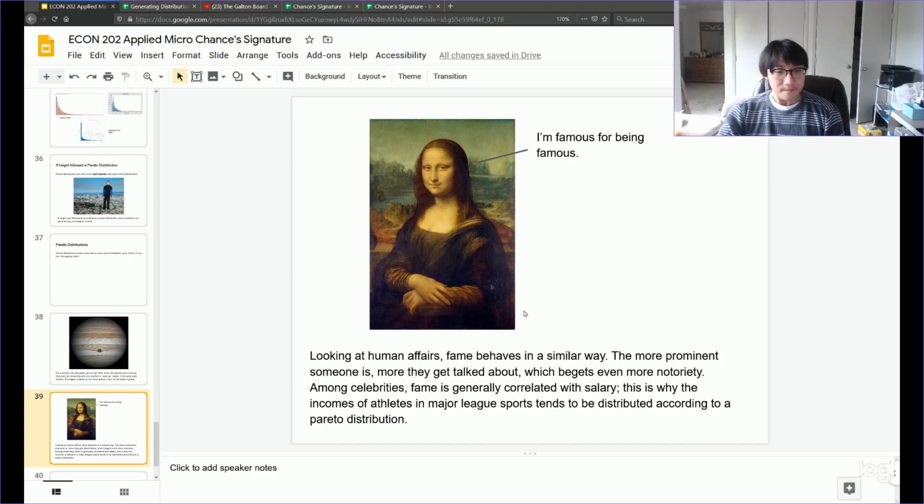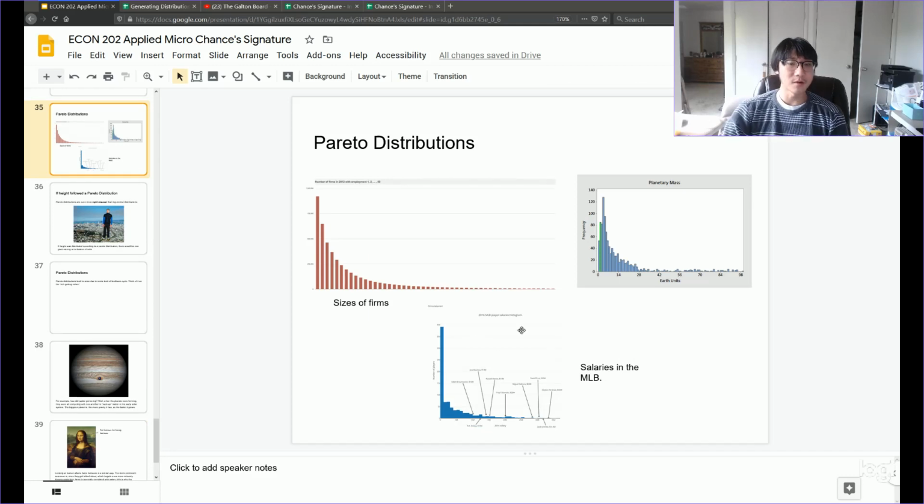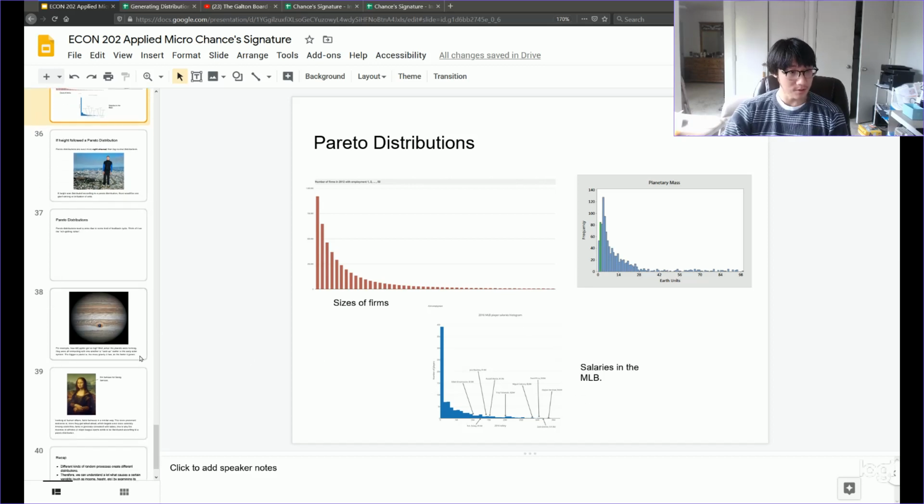Now, this actually helps explain why salaries in Major League Baseball are distributed according to a Pareto distribution. You see, incomes in general are distributed not log normally, but among the rich, or among celebrities in particular, income tends to be distributed according to a Pareto distribution.